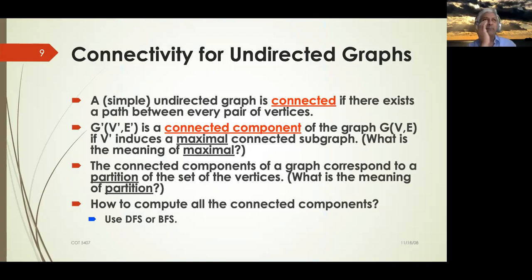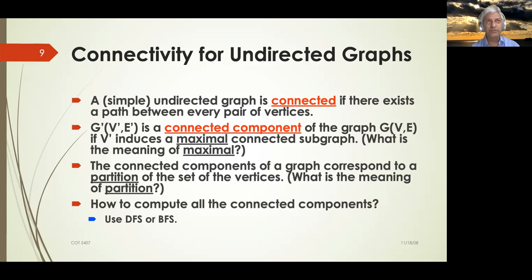Now, I didn't define connectivity before. I should have had this slide a little bit earlier. It says that an undirected graph is connected if there exists a path between every pair of vertices. If you use the properties that we mentioned before, if you do depth first search on an undirected graph, you'll just get one big depth first search tree.